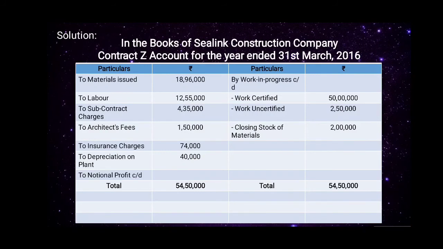The balancing amount that is appearing on the debit side will be termed as to notional profit carried down. So the balancing amount is 16 lakhs. The notional profit amount we'll record on the credit side by notional profit brought down, amount is 16 lakhs.